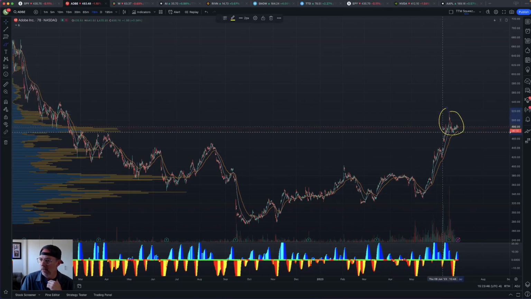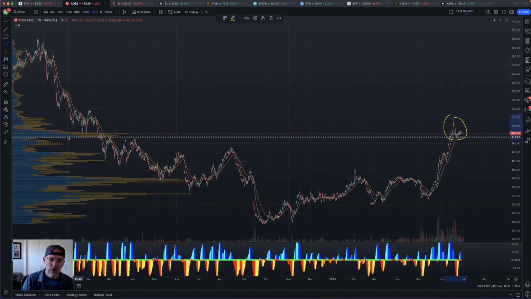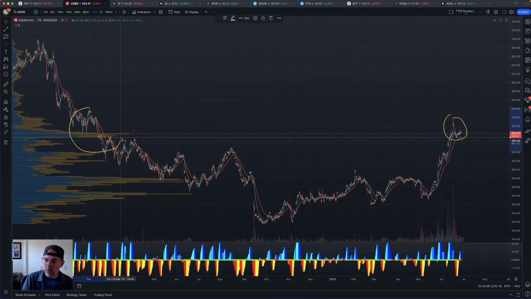On Adobe, you can see we have some volume profile happening here. But there's a bunch of people over here that are affecting volume profile, because it's showing the visible range, right? I don't need to know what these people are doing.